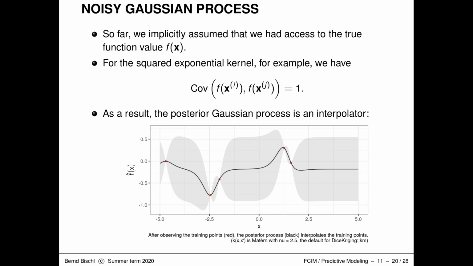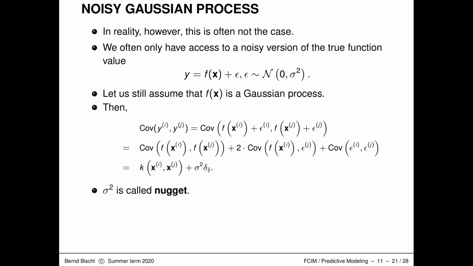As a result, the posterior Gaussian process is an interpolator through all of my data points. Now, I want to generalize this a bit because in reality this is often not the case. Usually measurement error is present, and usually you want to create a regression model and not an interpolating model.